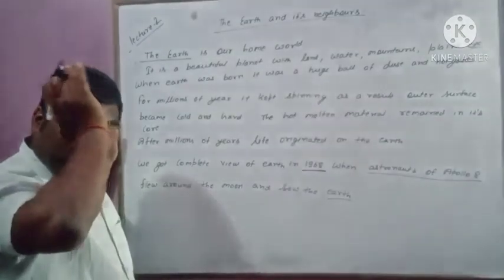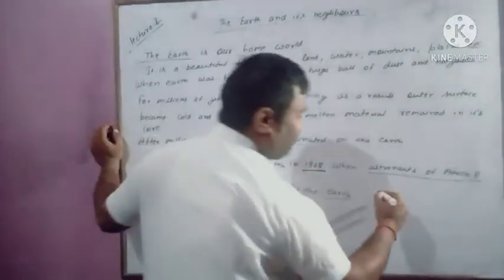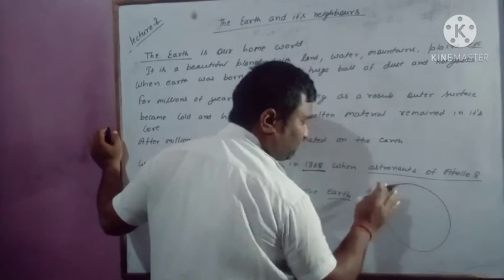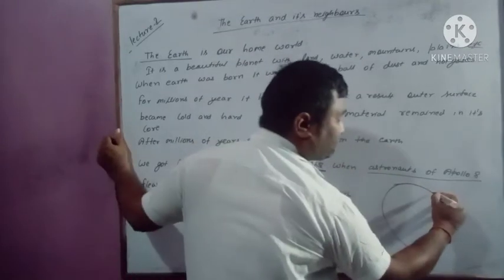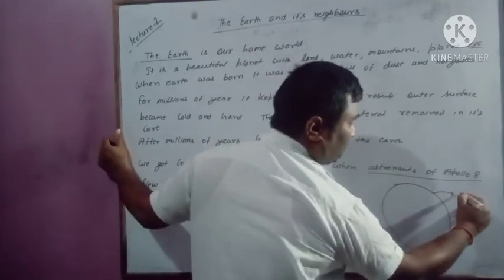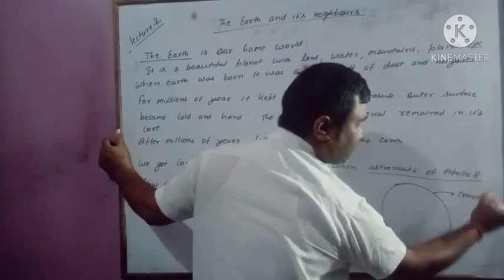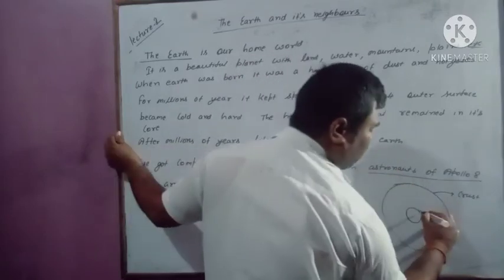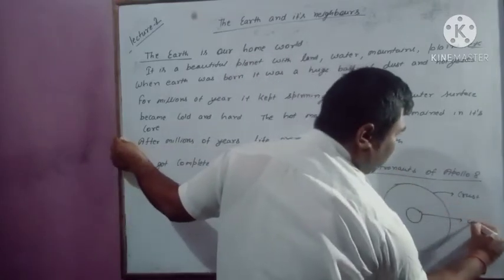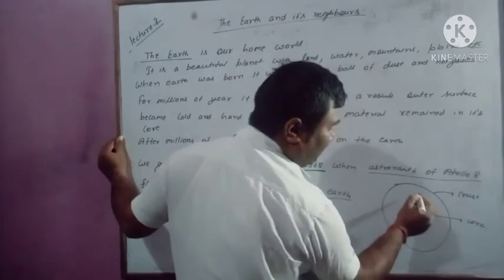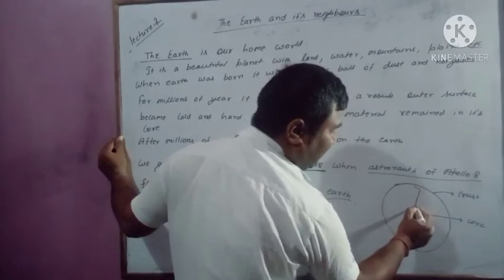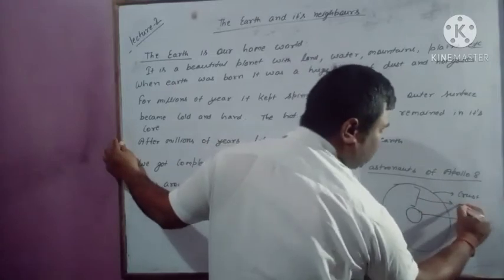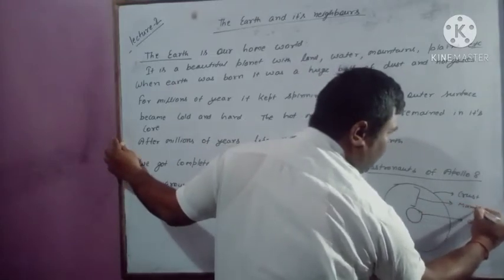Okay, so earth has, if you can draw earth, the outer layer is called crust. At the center it is called core, and this area between the crust and the core is called mantle.